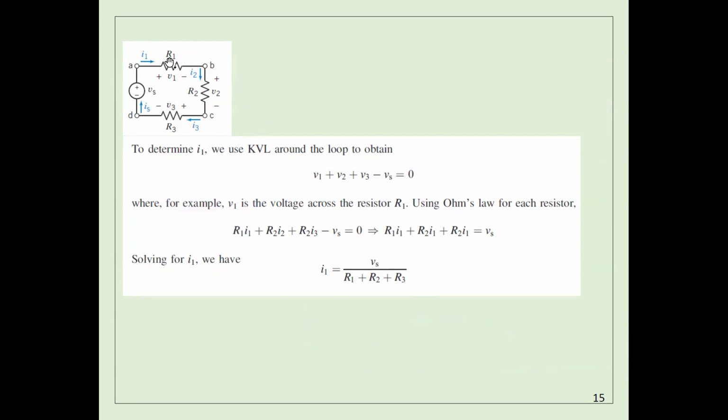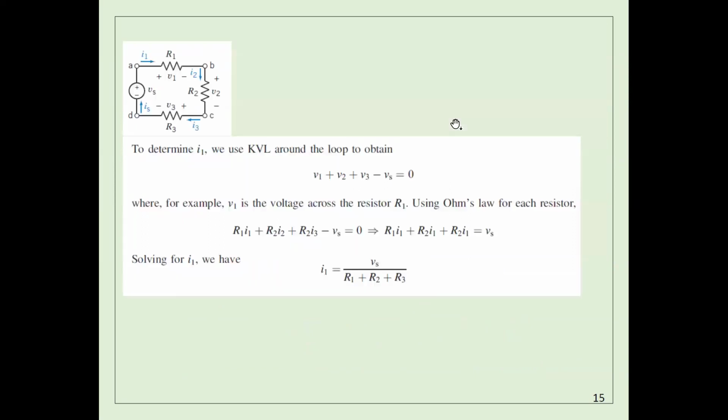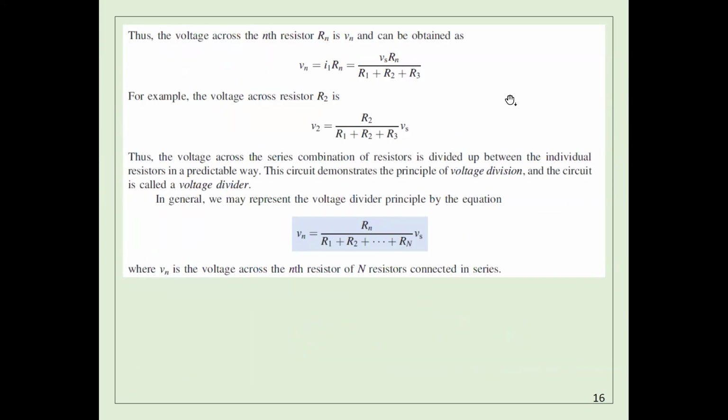So V equals V1 plus V2 plus V3. It's almost the same proof, and we're going to have the same formula for any number of resistors. Here I gave it just for 2, but you can generalize it to more than 2.